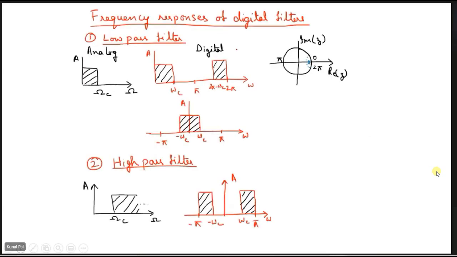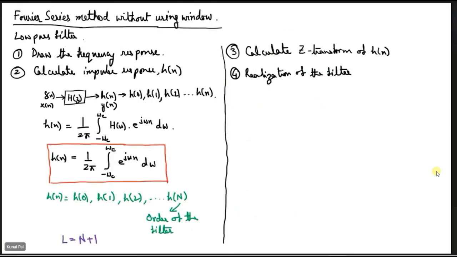We have discussed frequency responses of the digital filters, how they should look, yesterday. Now, when we are talking about this Fourier series method without window, what are the steps? The steps for designing the low pass filter. The thing will be similar for the other types of filter also, which we will be discussing later on.